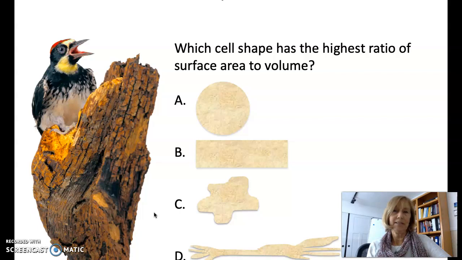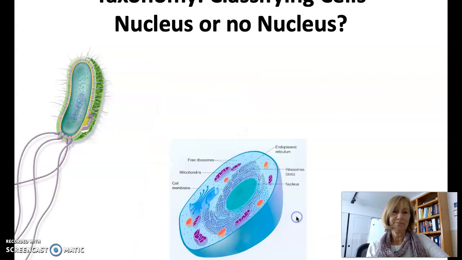I'll give you a minute. And the answer is D. Why? Because look at how much area of surface is. Lots of doors here for the concert and not that much volume inside. So D would be the correct answer.